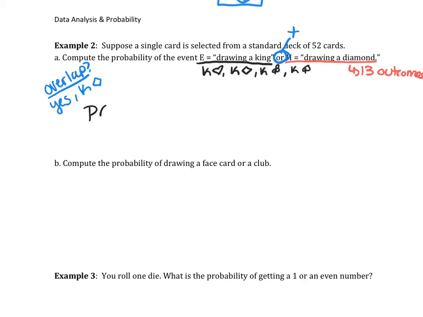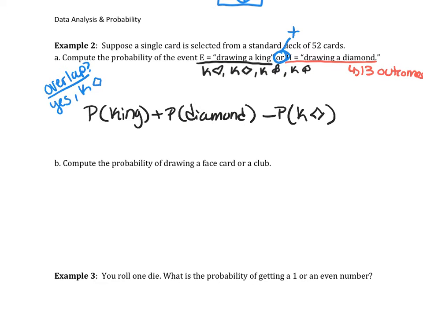So when we do the probability of a king plus the probability of a diamond minus that overlap, so minus the probability that you actually get the king of diamonds, because we don't want to double count.